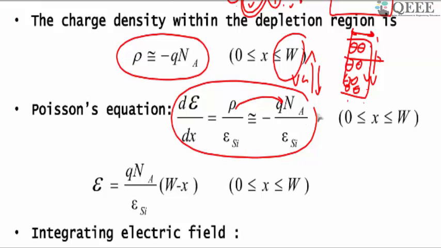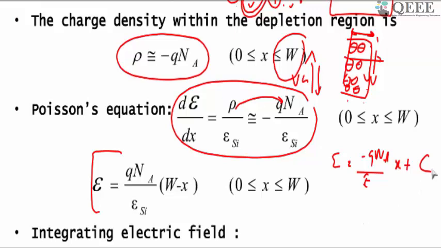That's a reasonable assumption. So dE by dx equals this constant, and you can do a first integration. E is equal to minus Q Na by epsilon into x plus a constant of integration.